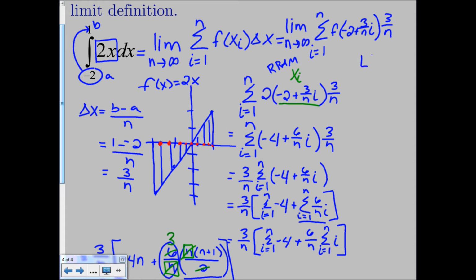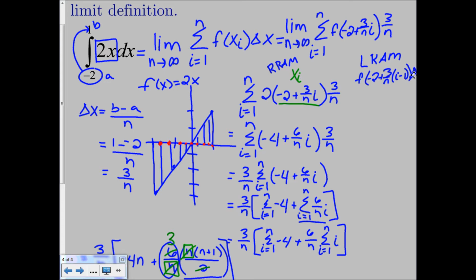If you were doing LRAM, you would have f of negative 2 plus 3 over n times i minus 1 times your delta x, which just means you have an extra step of foiling and simplifying and all of that.